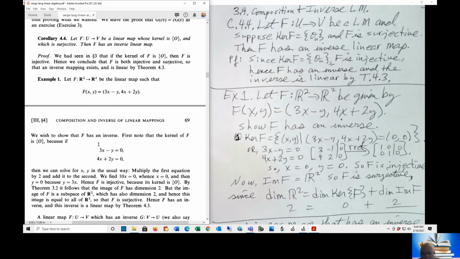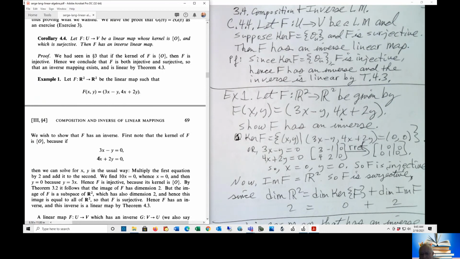Now, look at example 1. Suppose we have the linear mapping f from R2 to R2 given by f of (x, y) equals (3x minus y, 4x plus 2y). Show f has an inverse. So we show f has an inverse by showing that it's bijective.